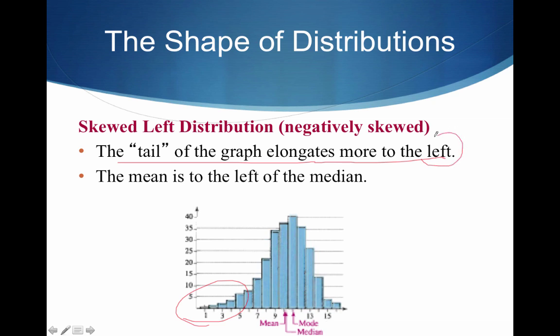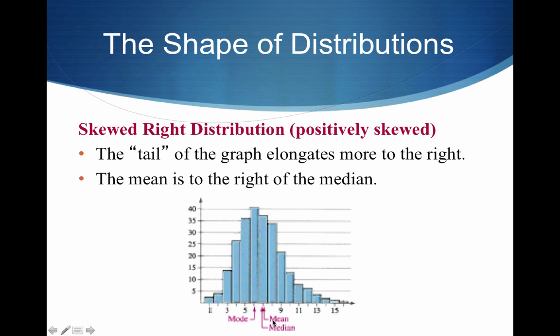So the tail is on the left, which makes it left skewed. All right, another way to think about it is the mean is to the left of the median. Why? Because this tail, this unusual data, is skewing the mean to the left. So you can either think of it as the tail is to the left or the mean is to the left, and that means skewed left.